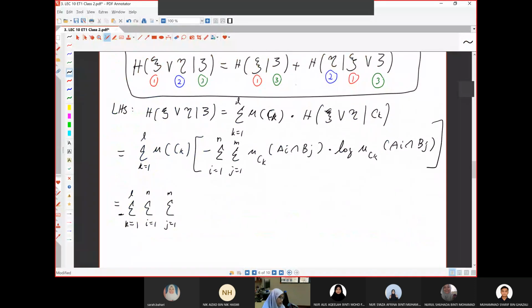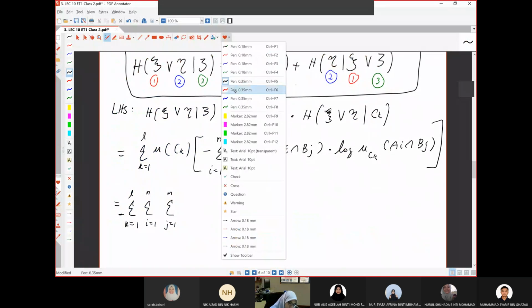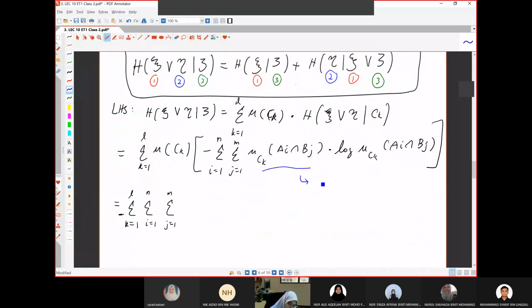Again, you can simplify. Mu AI. So this gives you mu of AI intersect BJ intersect CK over mu CK. Okay, and then you can cancel this mu CK and mu CK. And what do you have?